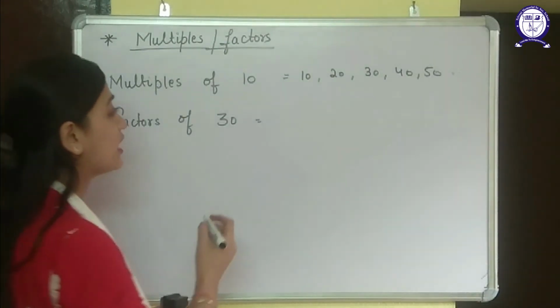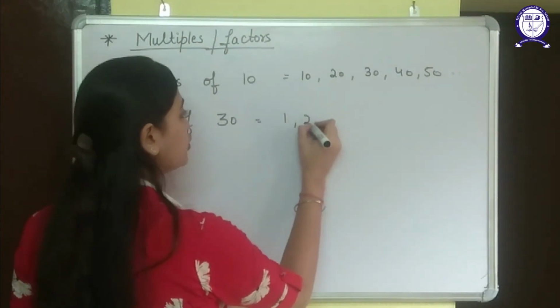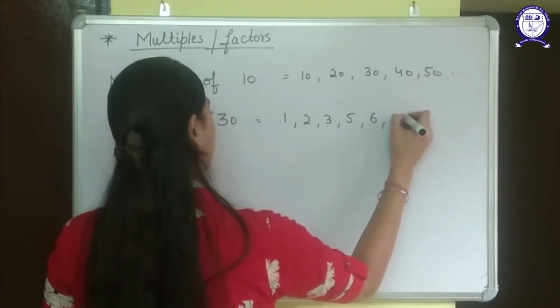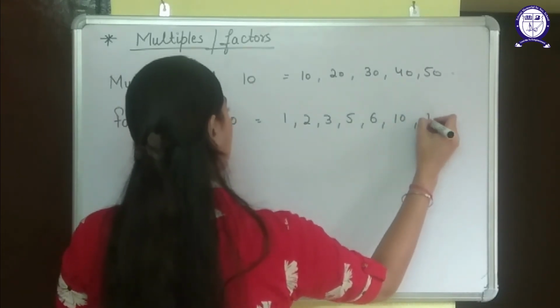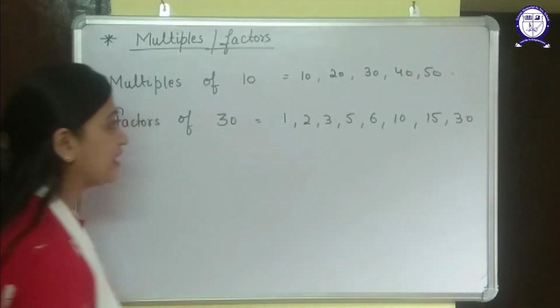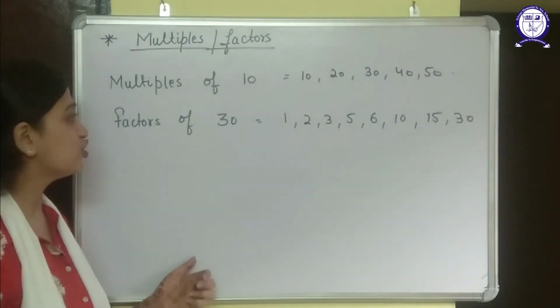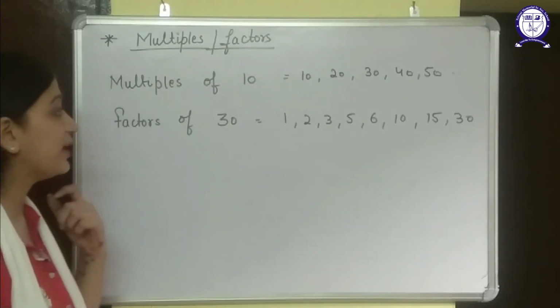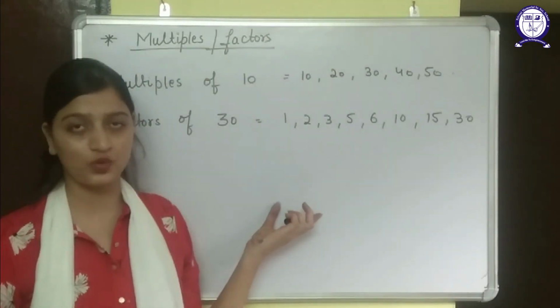What are the numbers? 1, 2, 3, 5, 6, 10, 15 and then 30. These are all the numbers which can divide 30 perfectly. So these are the concepts of multiples and factors, and now questions can be asked on this concept also.